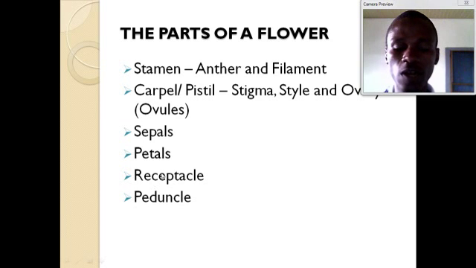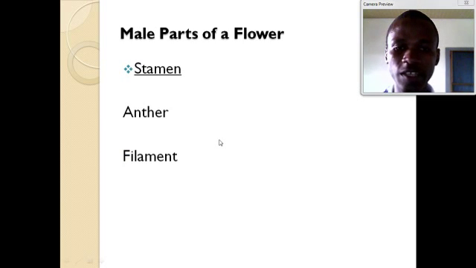These parts of the flower have been classified into two major groups. They are the male part of the flower and the female part of the flower. The male part of the flower is called stamen, which is made up of anther and filament.